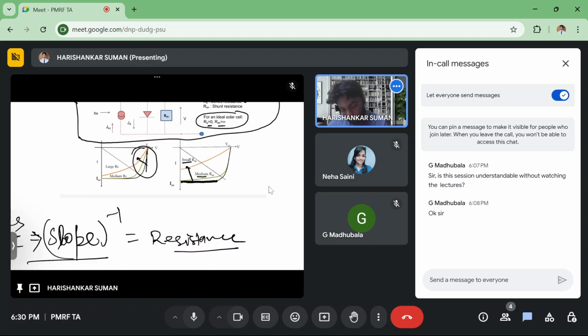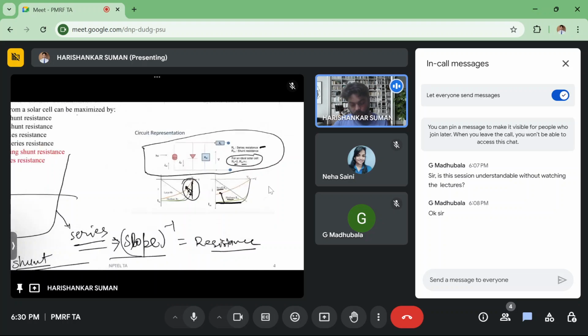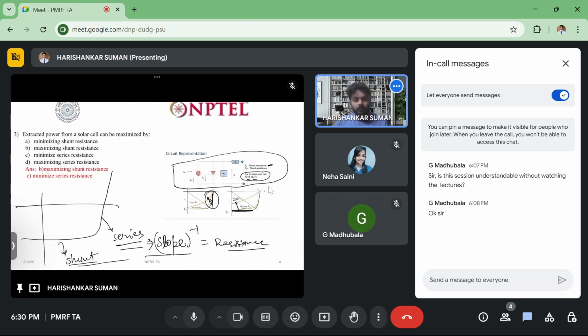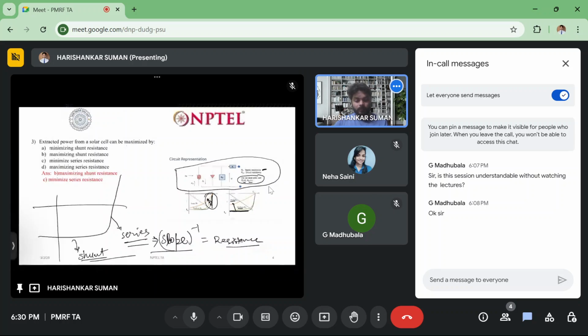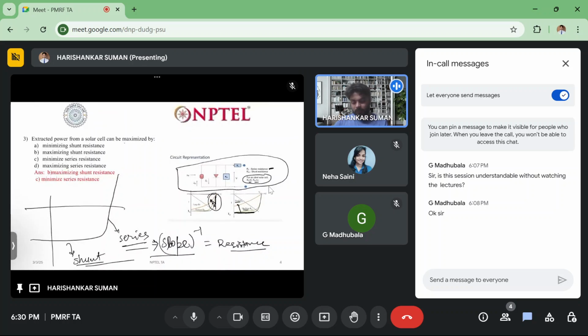This is lower, then higher, then higher, then higher. Okay, so you can also compare. Clear? Please respond. Clear or not? Yes, sir.